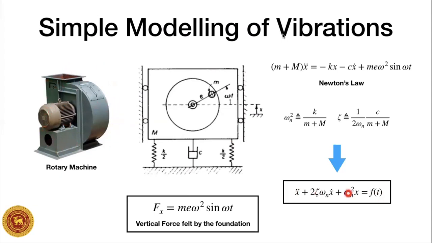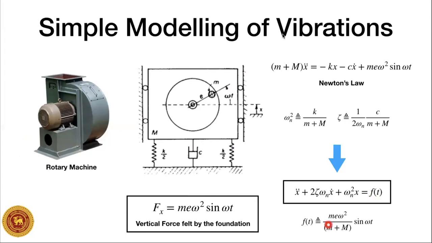Since it's a mathematical object, you can find the solutions of that. So the solutions of that will correspond to the physical behavior of our system. So let's try to look at these solutions and try to get some understanding about the physical behavior of our system.